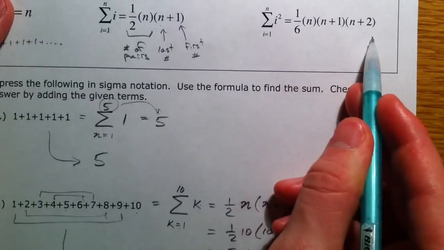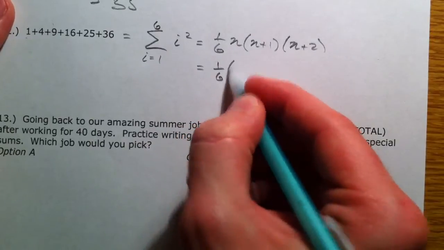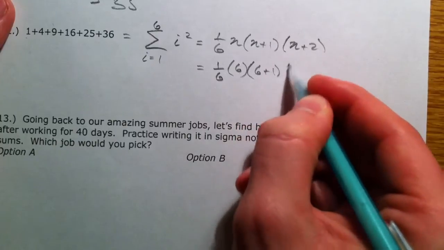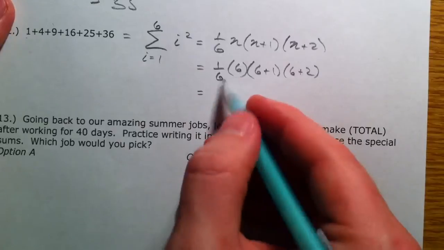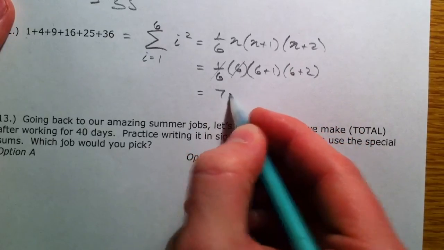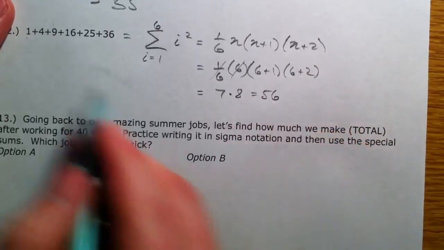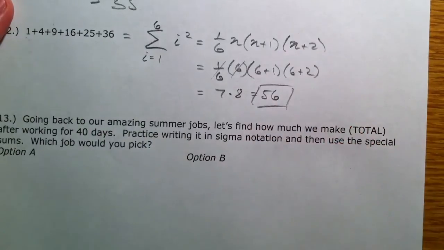This equation right here, one thing to memorize for sure. And that's going to be 1/6 times 6, which is our n, number of terms, 6 plus 1, 2 times 6 plus 1. So 1/6 times 6 cancels out, and then you're left with 7 times 13, which is 91. And so you can add those together too.